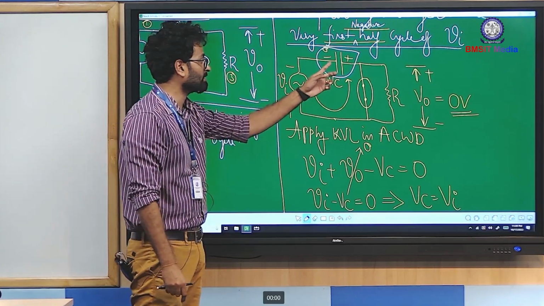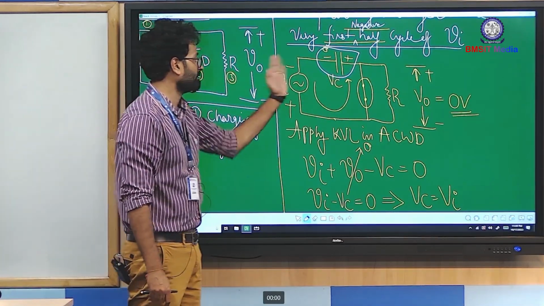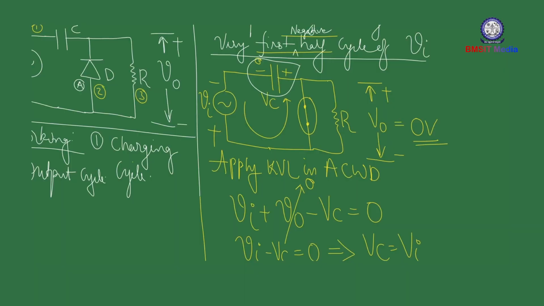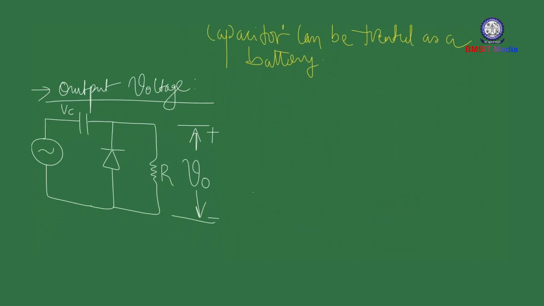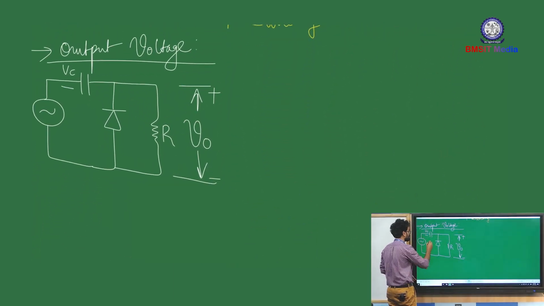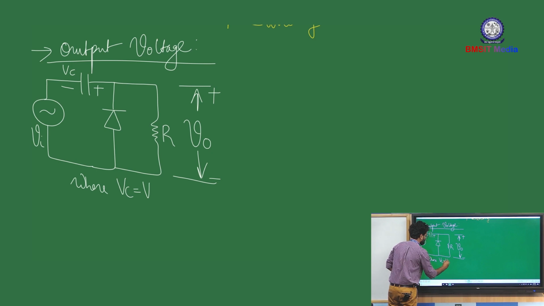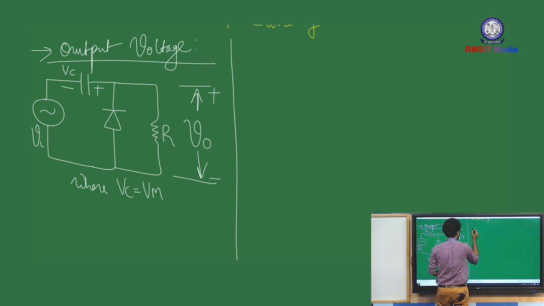This is how the capacitor was getting charged, right? Left hand side is minus and right hand side is plus. The same polarity you have to insert while calculating the output voltage. From the charging cycle analysis, we have obtained Vc is equal to Vm. Now, when you have to determine the output voltage, you can start with the positive half cycle.